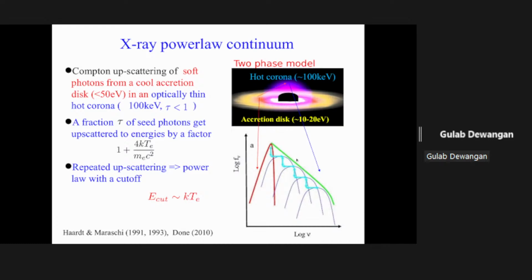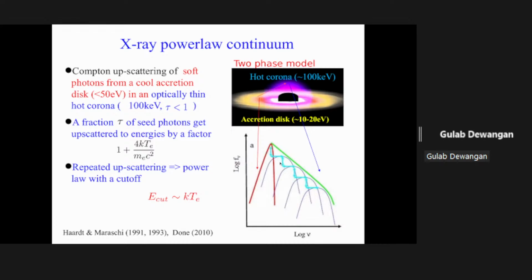But when the temperature of the black body becomes comparable to the temperature of the hot corona, then there will be no more increase in the energy of these scattered photons. At that point, because there are no more high energy photons, the spectrum will break here. So now we have so many black bodies as a result of a number of inverse Compton scattering steps.